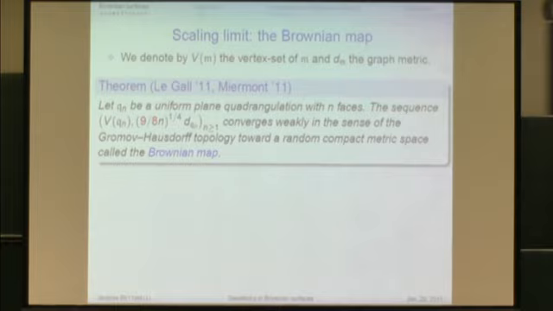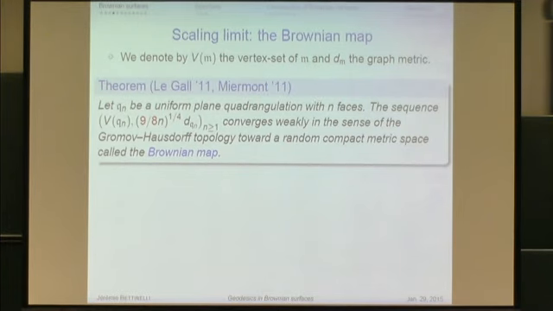And if you rescale by this factor, roughly n to the minus 1/4, there is a constant 9 over n that's not really important here. Well, this sequence of random metric spaces converges in the sense of the Gromov-Hausdorff topology toward a random compact metric space we call the Brownian map.